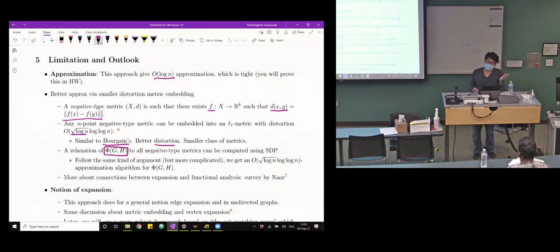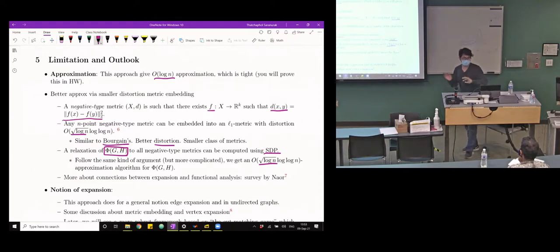It's not clear how to model it as an LP, but you can model it as an SDP, which is a semidefinite program. So you can solve that and follow the same kind of argument. Then you get a square root log n approximation.